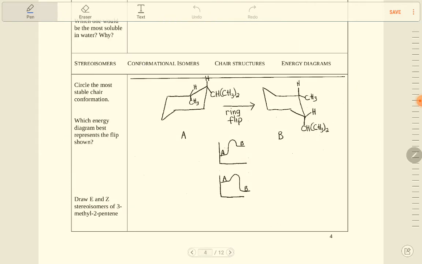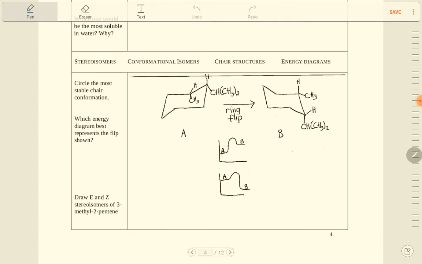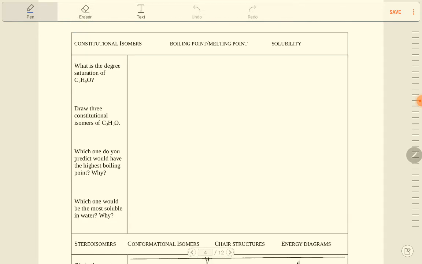All right. Now let's look at another example. Degree of unsaturation for C3H6O. So when we draw its structure, H3C, C double bond O, CH3, you can say that the degree of unsaturation is 1.